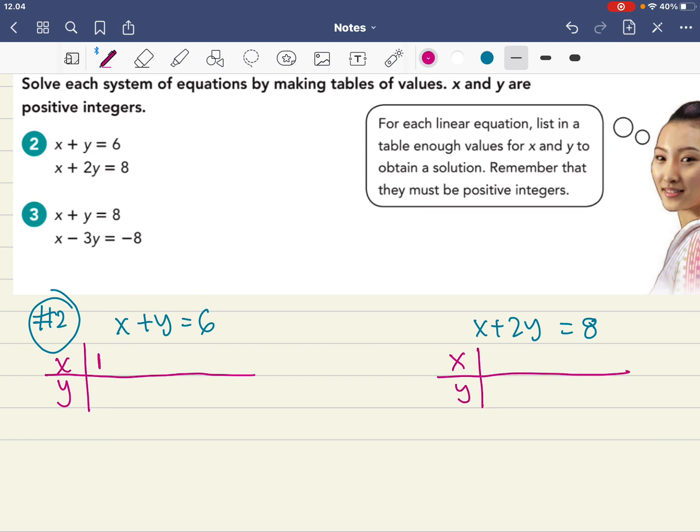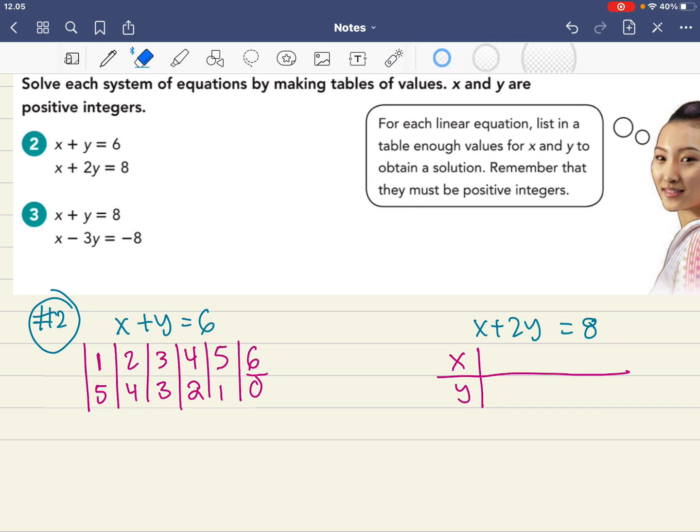So if x equals 1, that means y equals 5, 2, 4, 3, 3, 4, 2, 5, 1. Okay. Could do 6, 0 as well. We could also do 0, 6. Because 0 is a whole number.